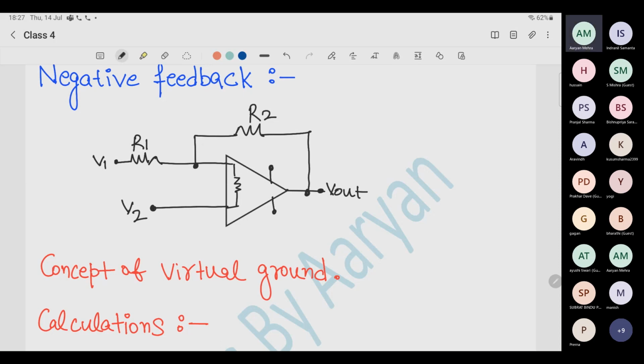If the resistance is infinite, and this is some voltage, let's say this point is called A, then this is called VA and this is called V2. So if the resistance is infinite, what will be the current flow in this wire in this direction? 0, because the resistance is infinite, so no current can flow. If no current is flowing, can I say VA is equal to V2?